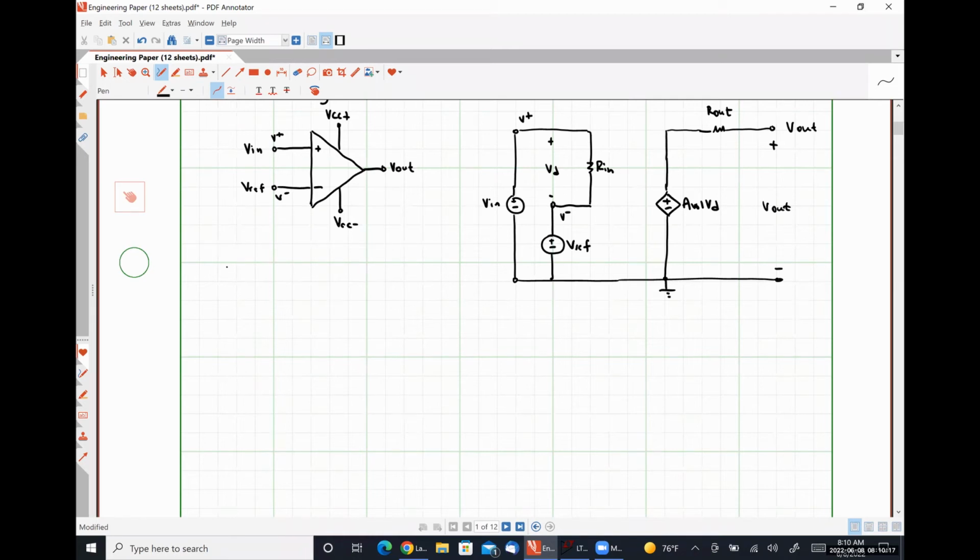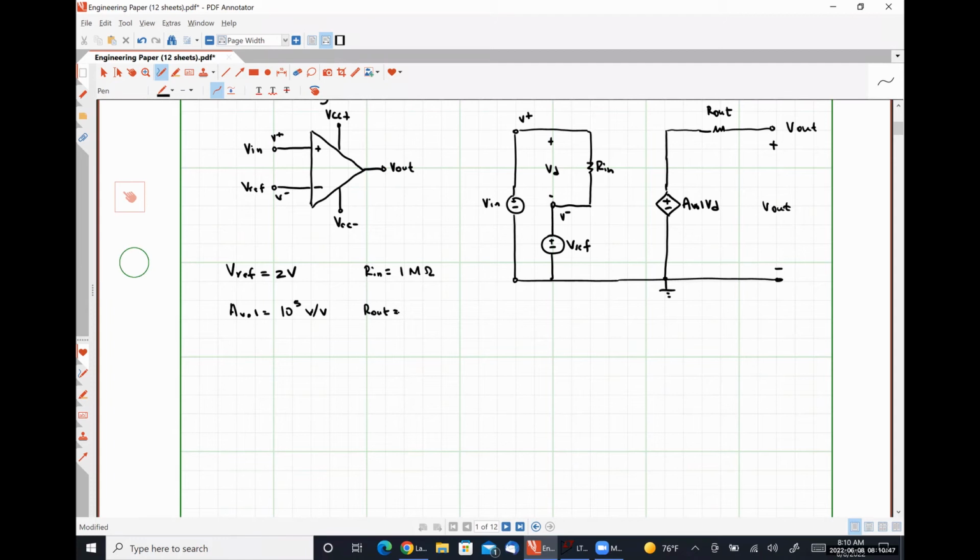Let's say that our reference voltage is positive 2 volts. Our open loop gain, AVOL, is 10 to the 5 volts per volt. Our input resistance Rn is 1 mega ohm.